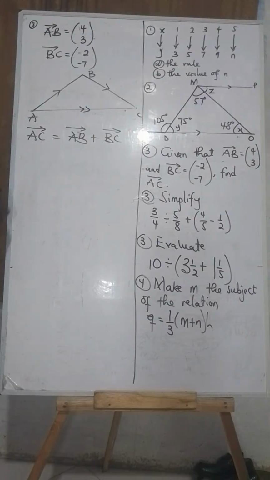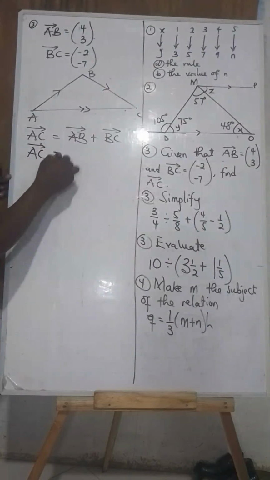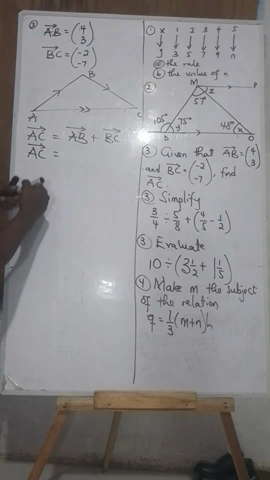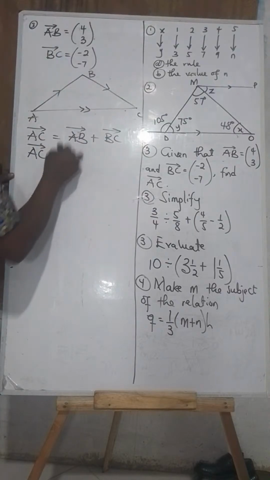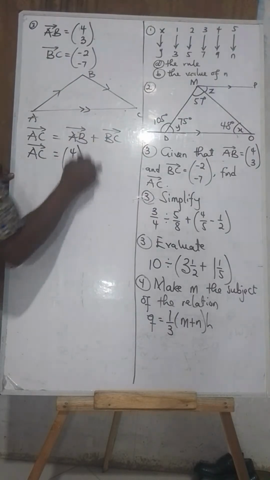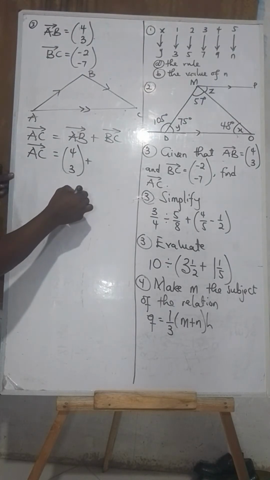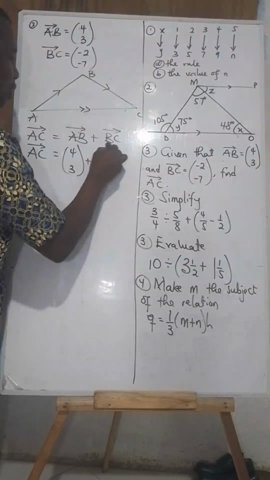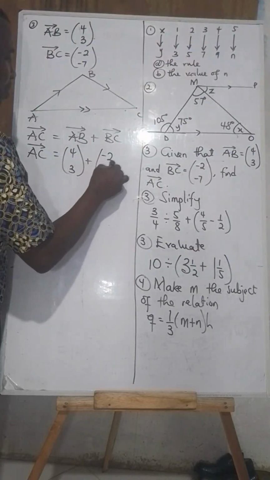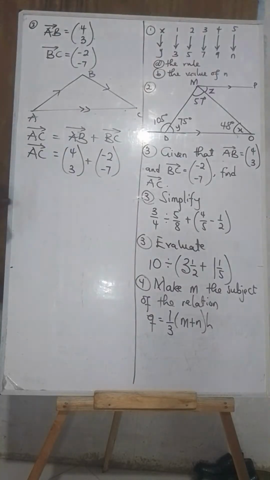With this, we have AC to be AB, which is given as (4, 3), plus BC, that is (-2, -7).